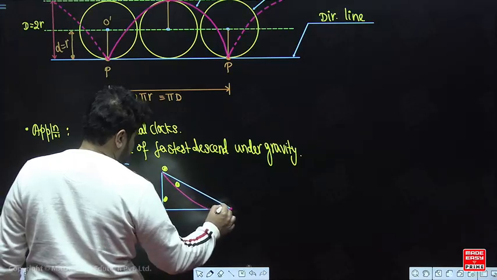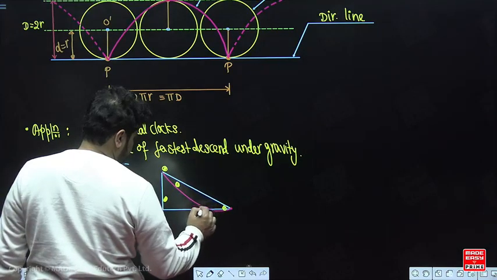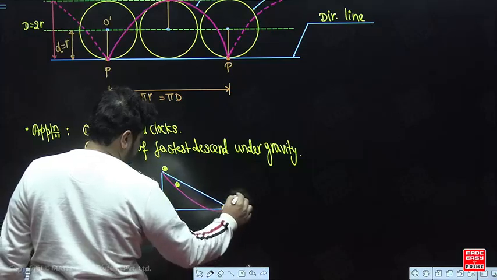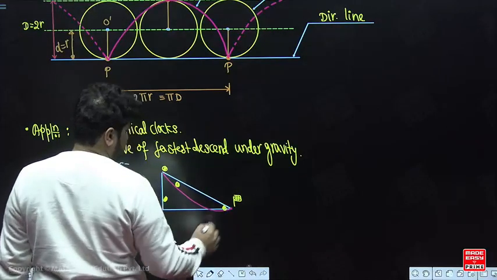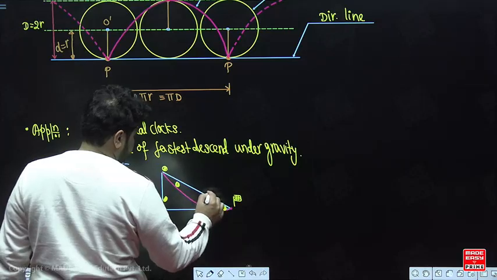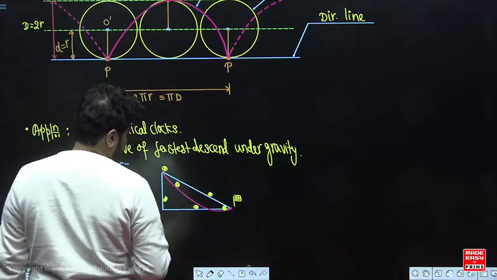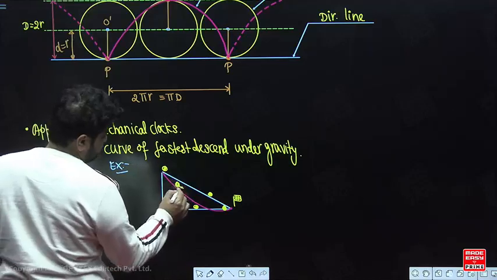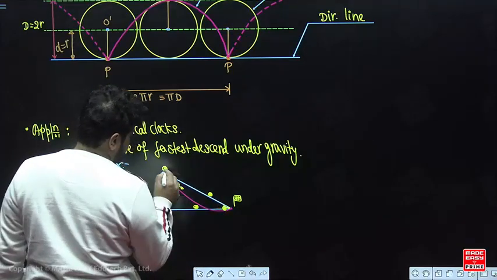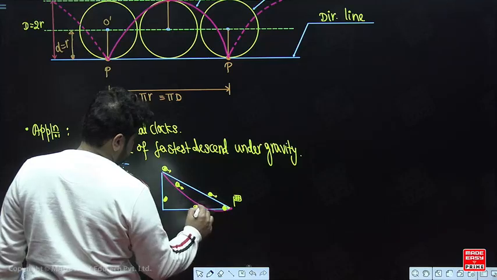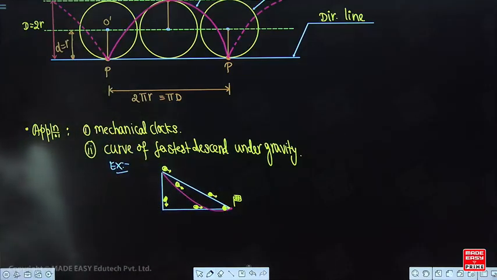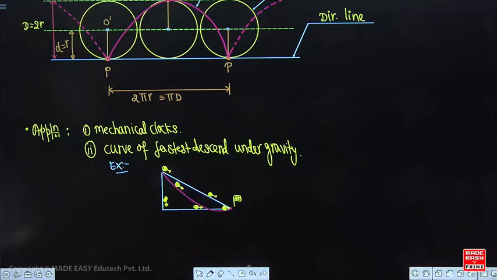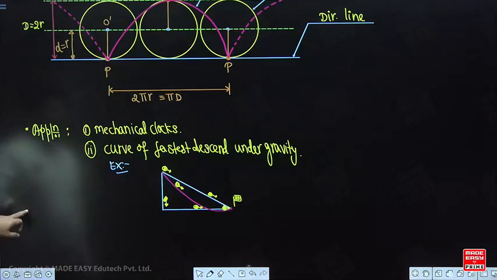The one which will reach first is the one which is following the cycloidal path, isn't it. So this ball is the one which will reach first, right. That is called the curve of fastest descent. I hope things are clear. Understood till here? So that is called the cycloid curve.